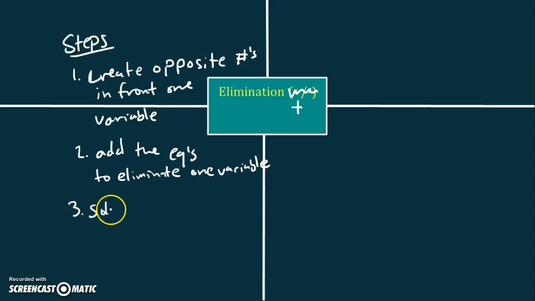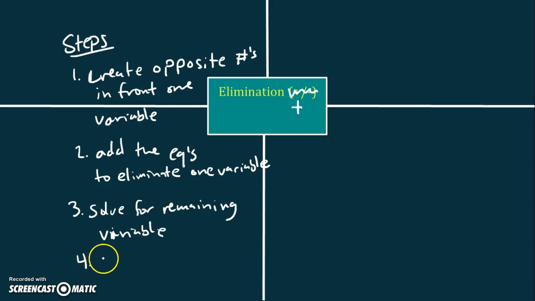Then you're going to solve for the remaining variable. And then lastly, you're going to substitute and solve for the second variable. So you'll see what that looks like when we go through the examples.